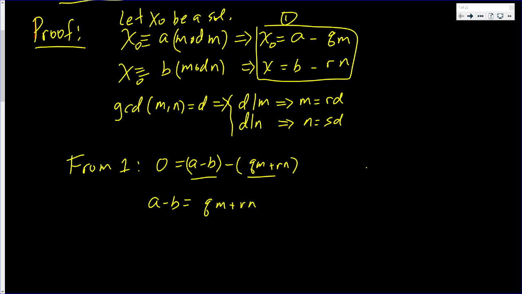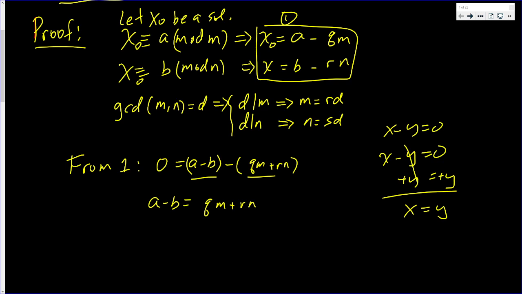If it was me and I wasn't making this video, if this is equal to 0, I would cross that out and put an equal sign there. Subtract two quantities and you get 0, the two quantities are equal. You want to see a proof of that? If x minus y is 0, add y to both sides, x is y. So if x minus y is 0, then yes, the two quantities are equal.